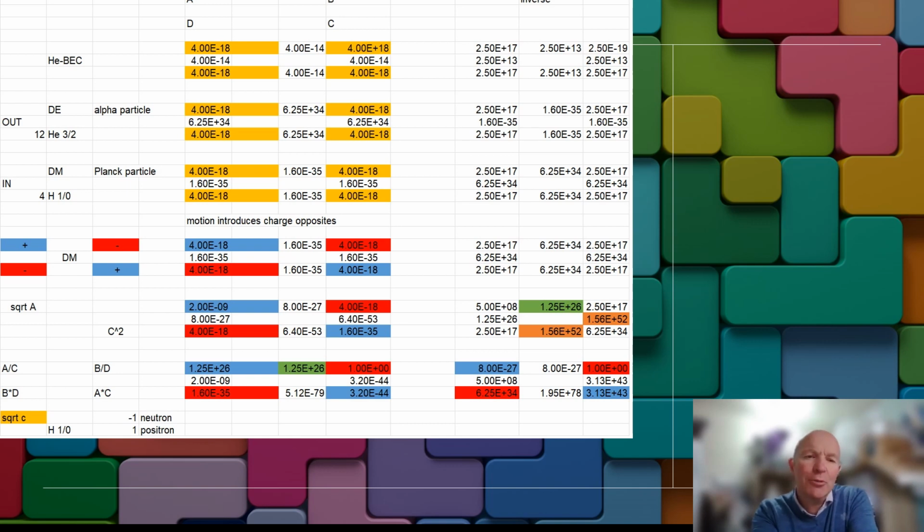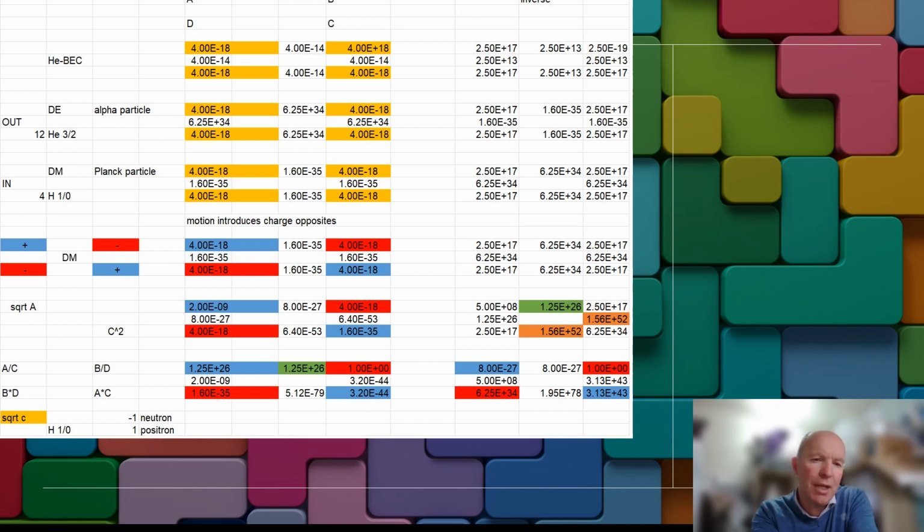So it's a little bit strange, but in the SUSY inversion model, you use multiplication, but you can also use addition. So you can see the +2 overall charge of a neutron-positron pair when adding is used, and you get an overall charge of 0 when you multiply the quarks together, where the neutron becomes -1 because you've got two down quarks which are positive and one up quark which is negative.